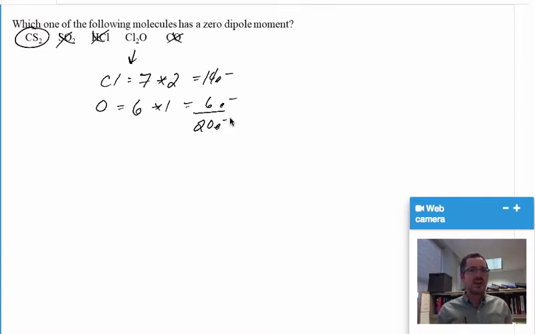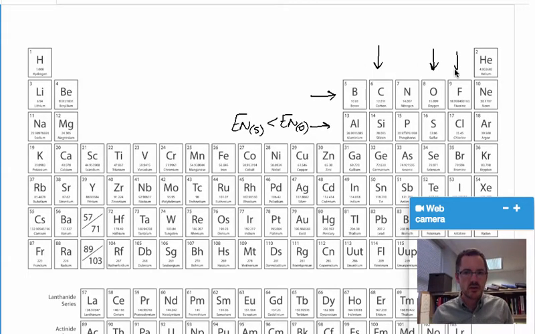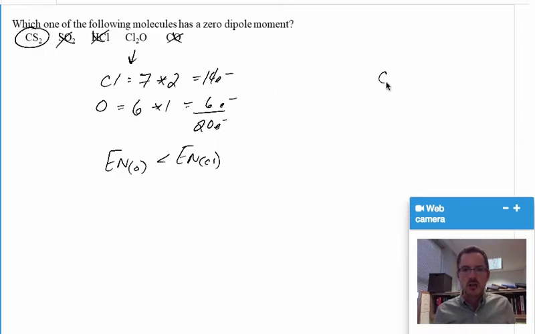Now this is that rarest instance where my oxygen is going to be the central atom, because oxygen's electronegativity is less than the electronegativity of chlorine. Because if you look at the periodic table, chlorine is a halogen right here in group 7, and those are very electronegative. So chlorine's electronegativity is going to be greater than that of oxygen. So oxygen in the middle, chlorine.